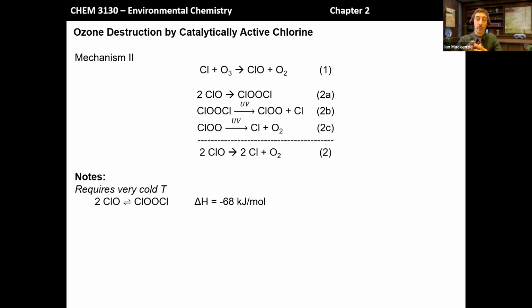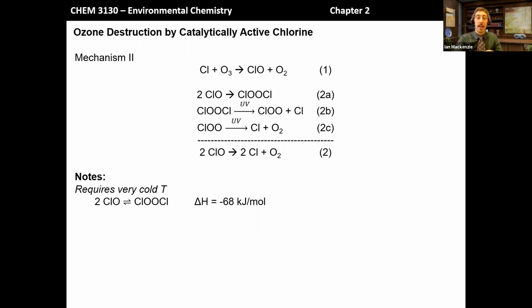It is exothermic, but it's not hugely exothermic. And so with warm temperatures, it tends to dissociate simply the oxygen-oxygen bond to regenerate two equivalents of the chlorine monoxide, which then is just kind of stuck. It can't destroy ozone by itself. It really needs to be turned over into atomic chlorine and release O2.